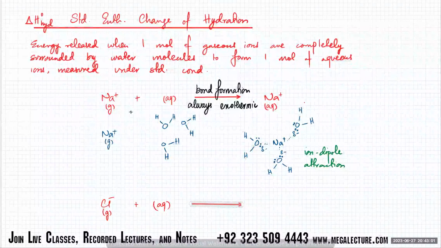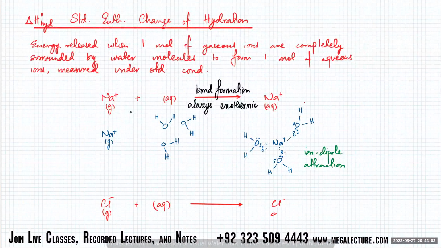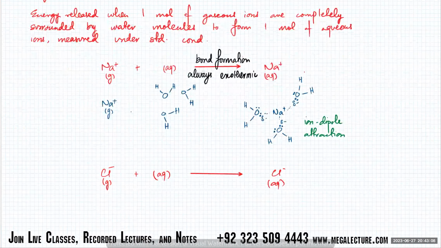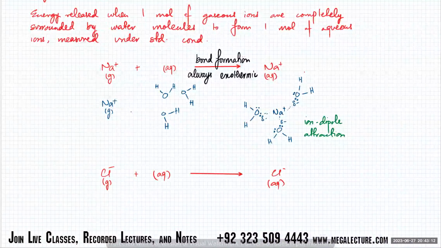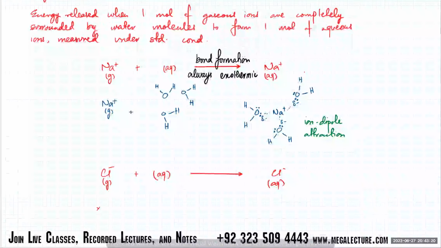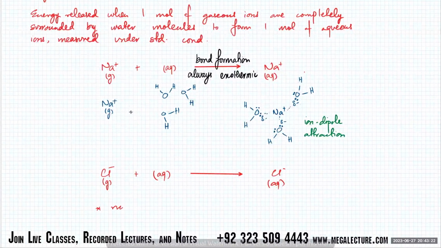It will get completely surrounded by water molecules. Okay, that's it. Now, remember, enthalpy change of hydration is for only those ions that actually turn into aqueous ions. It's not for ions that don't actually turn into aqueous ions when you mix them in water. So for example, just note this down: delta H hydration for oxide ions does not exist.